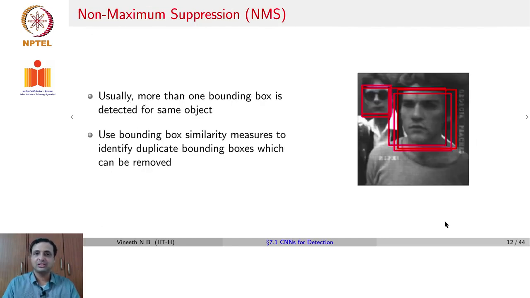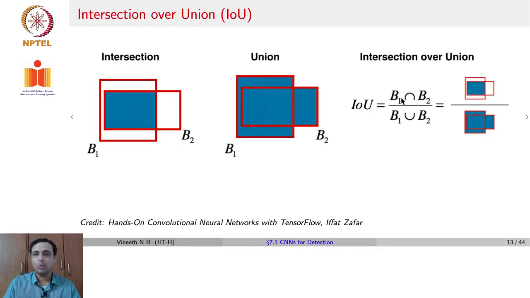Another aspect of this method, for that matter any detection method, is the notion of non-maximum suppression. So it's likely that many windows around an object may be classified as containing an object. So how do you choose which one of them is the right object? So we have to use some kind of bounding box similarity measure, and the most popular one is known as intersection over union.